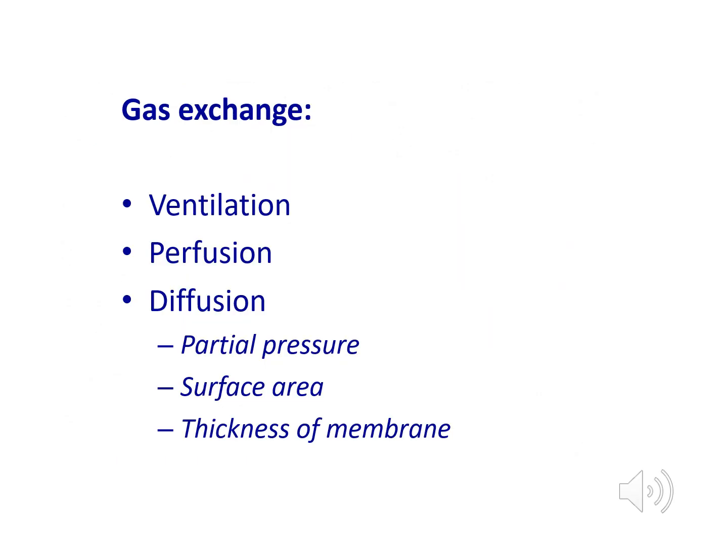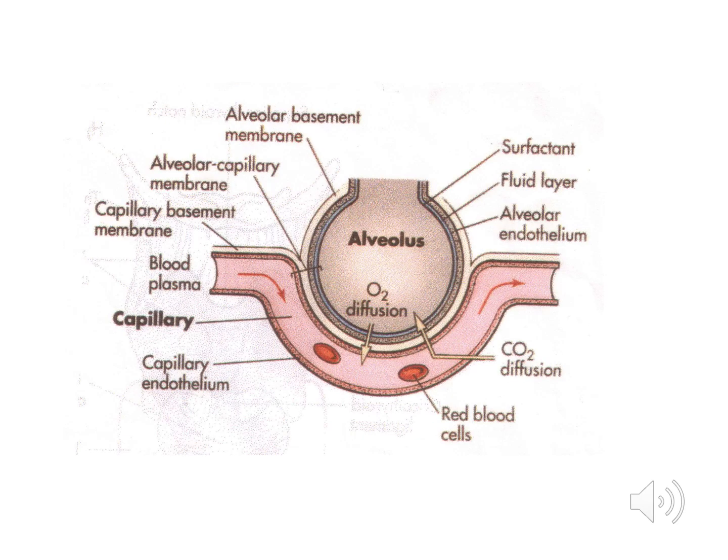The last thing that affects the amount of gas that's going to diffuse across that alveolar capillary membrane is the thickness of the membrane. The thicker that membrane is, the less gas is going to be able to diffuse across it. So if you have a disease that causes swelling of that membrane, like maybe an infection, then that membrane is going to be thicker, and less gas is going to be able to cross it.